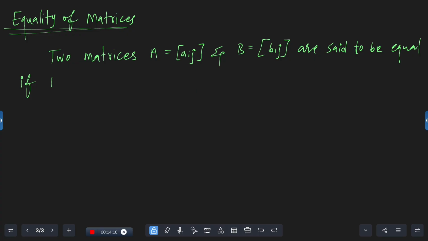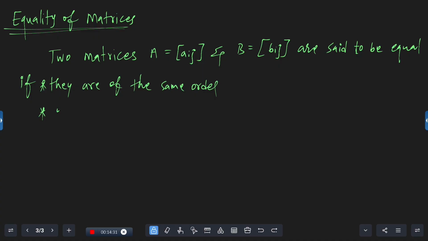Point number 1: if they are of the same order. Both should have the same order and the corresponding elements should be the same.